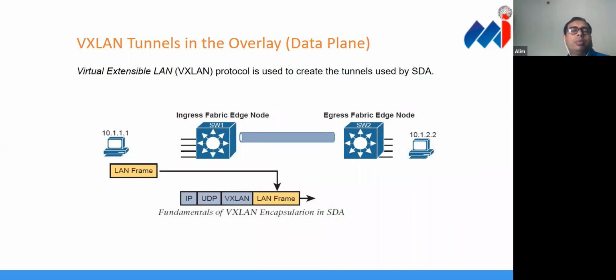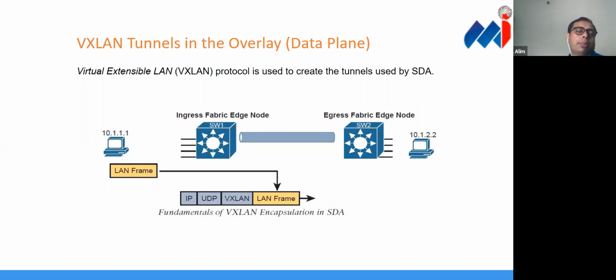So VXLAN protocol encapsulates layer 2 frame and passes through the fabric, and at the egress point, it will remove IP, UDP, and VXLAN header. So LAN frame or layer 2 frame again appears to the receiving host.